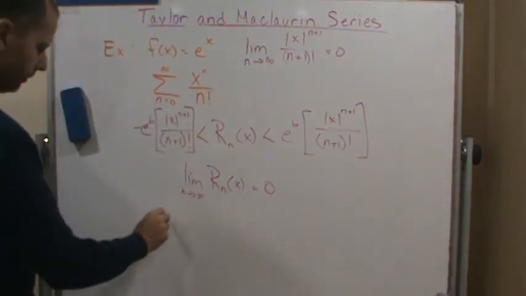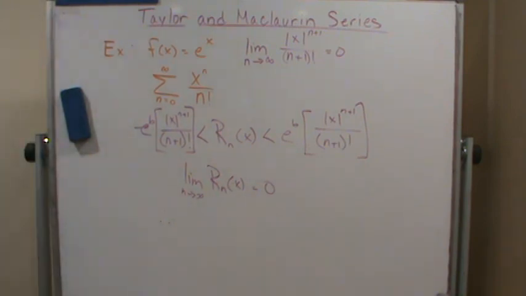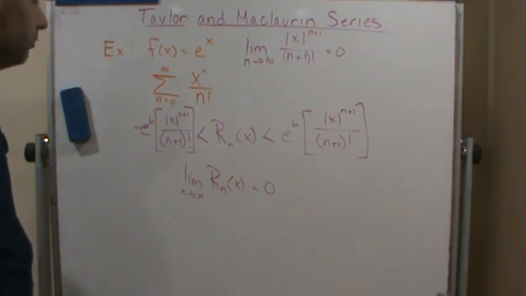And therefore, we have shown that the Maclaurin series for e to the x converges to e to the x for all x. And we're done.